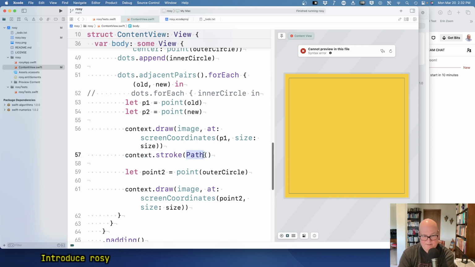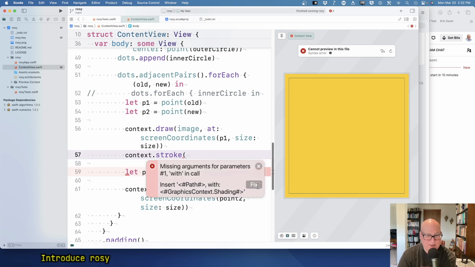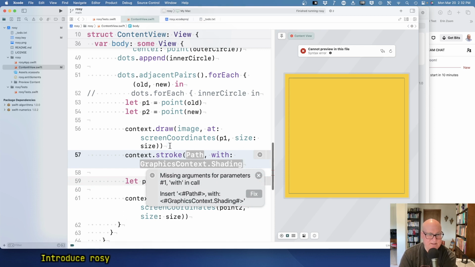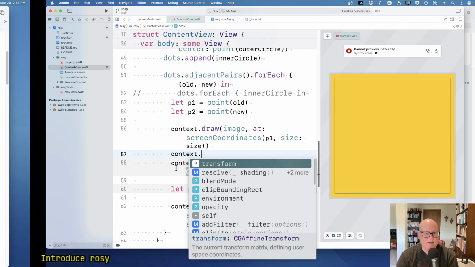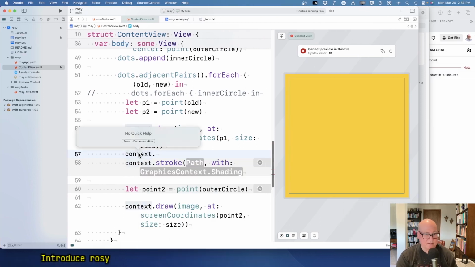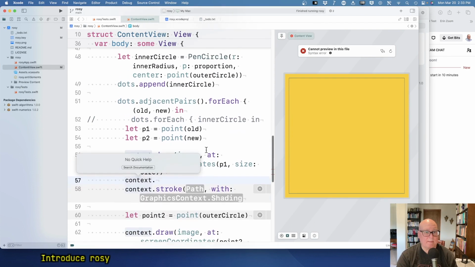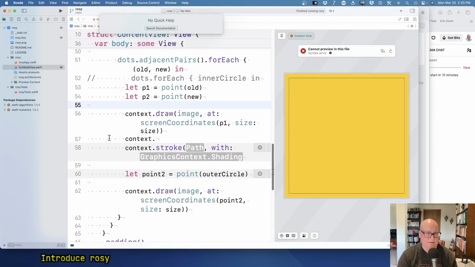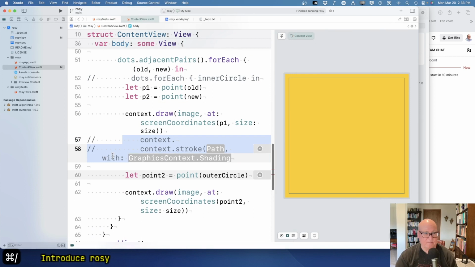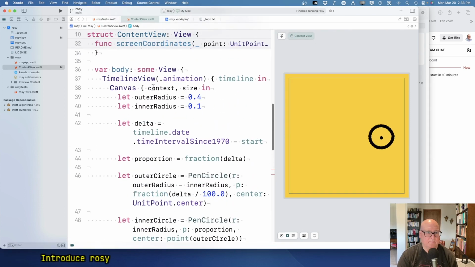I don't want to, I just want to draw 2 points. Image screen coordinates. I don't even want to do image. I just want to draw a connecting line. Path. No, that doesn't sound right. Okay, what is context? Let's spike that. Context. Okay, you're not happy. Graphics context.